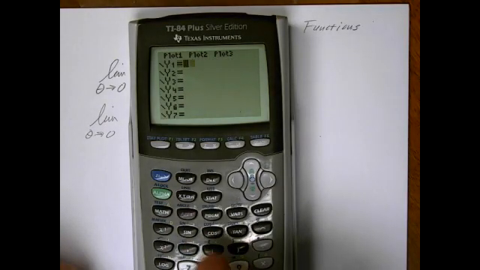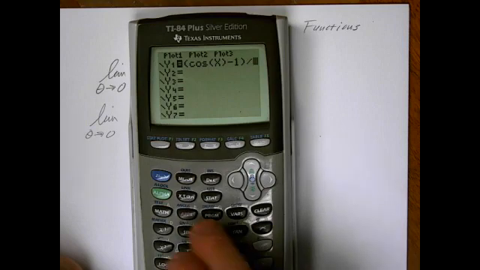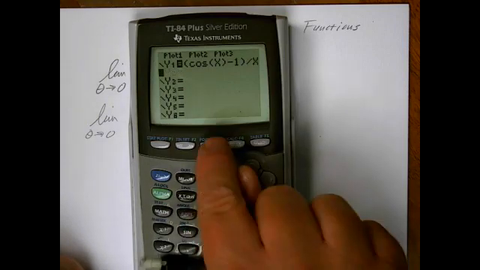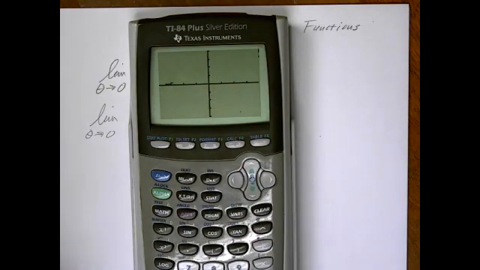So in parentheses, I'll put cosine of x. Don't forget to close the parentheses on the variable there. Minus 1 all over x. Again, I'll do a zoom trig. I'm hoping that this will work well since I'm back in radian form.